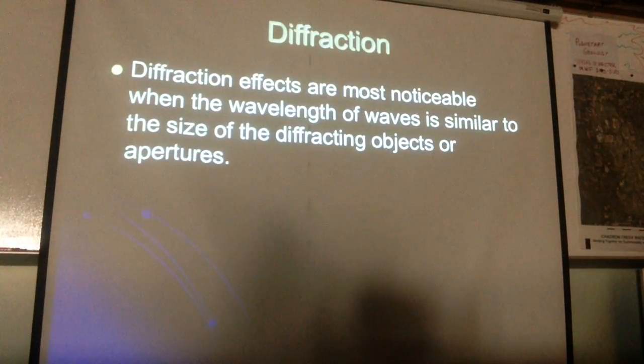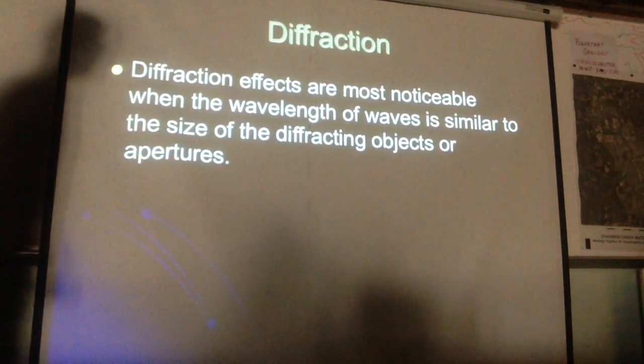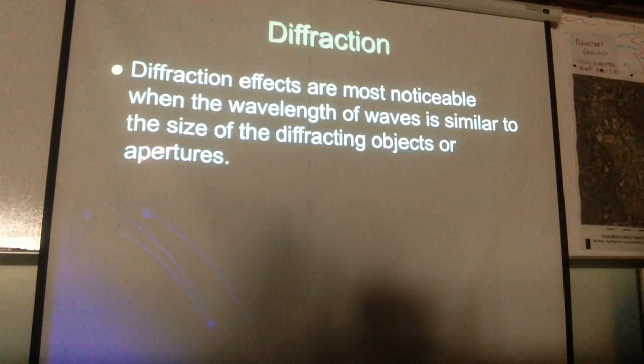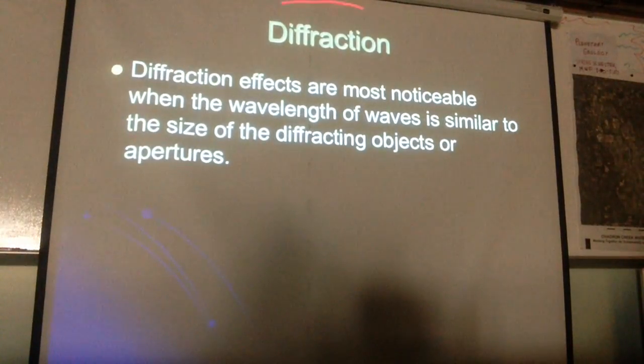So diffraction effects are most noticeable when the wavelength of the waves is similar to the size of the diffracting objects or the apertures. This is just a note. This is not something I need you guys to memorize, but it's important to understand how the XRD process actually happens rather than just putting something into the black box and getting out information.